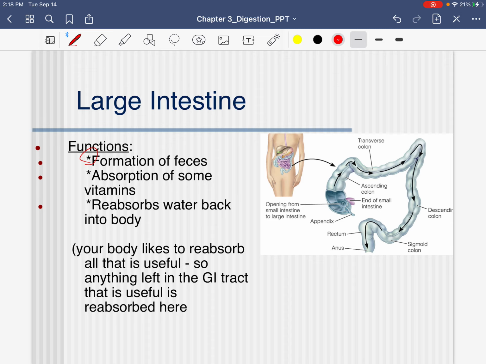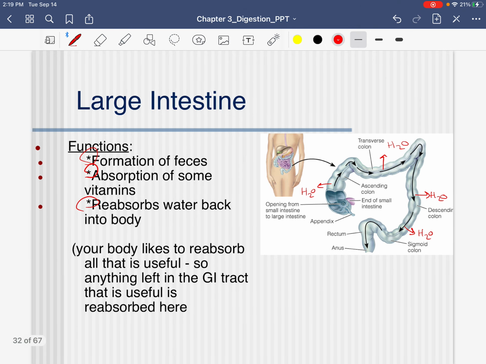Also, we can absorb some vitamins. Some vitamins will be absorbed from the large intestine into the bloodstream. And also, this is where we reabsorb a ton of water. Our body likes to recycle, so your body doesn't want to get rid of water if it can be used. So a lot of water.